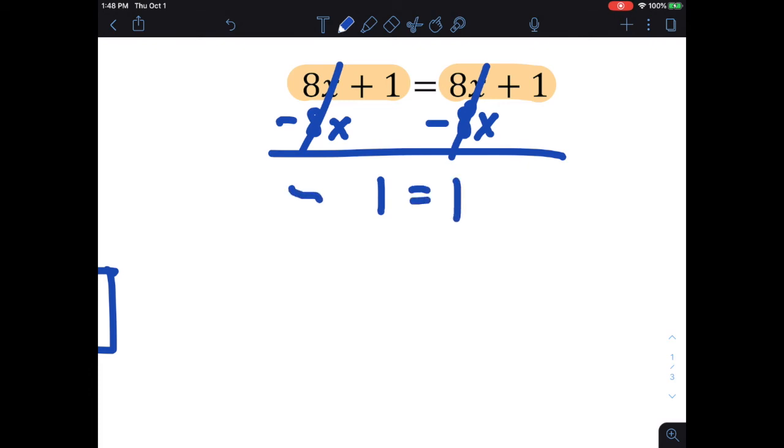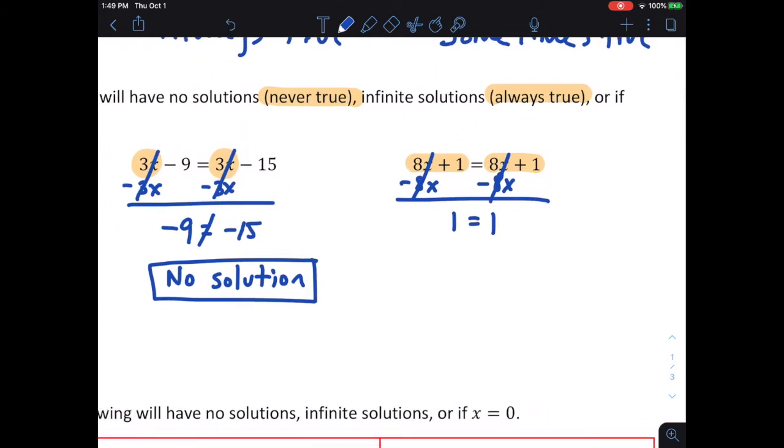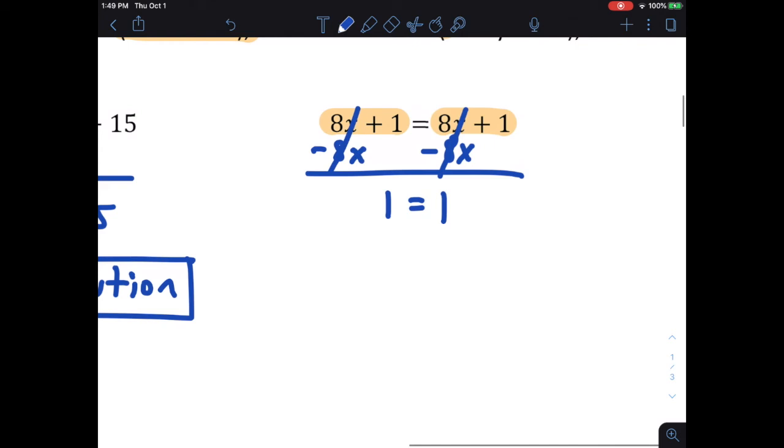Now, if we look back at the middle one, we had two things that weren't equal to each other in negative 9 and negative 15. But in this case, we have two things that are equal to each other. 1 is equal to 1. So we know that this is always true, right? 1 is always equal to 1. So if that's the case, then we have to say that it has infinite solutions.